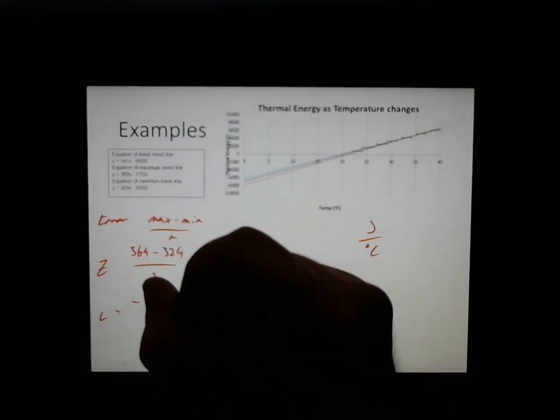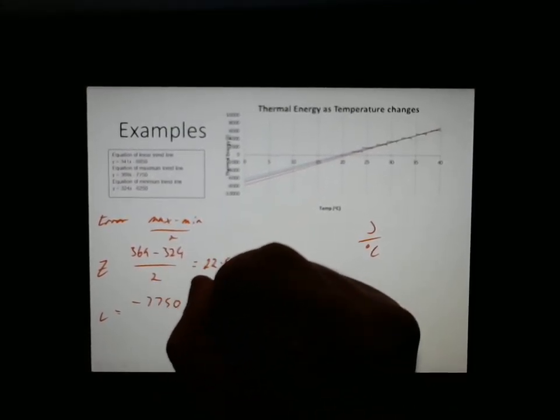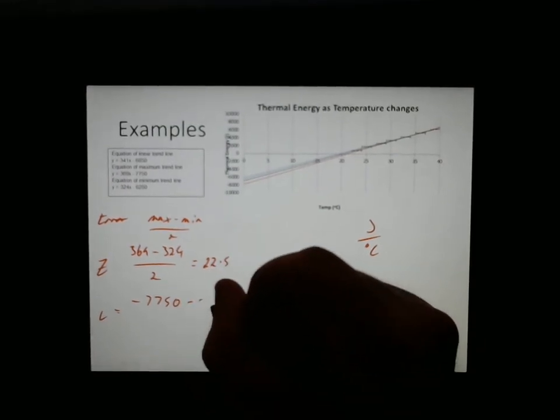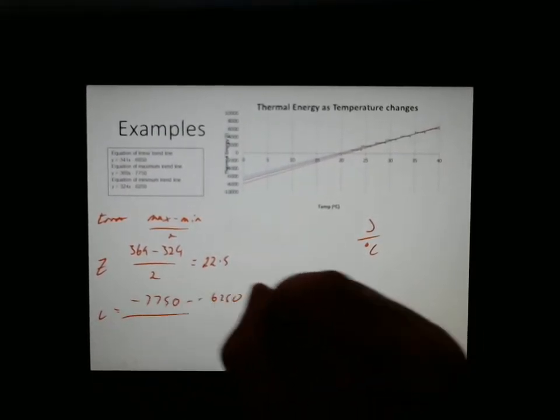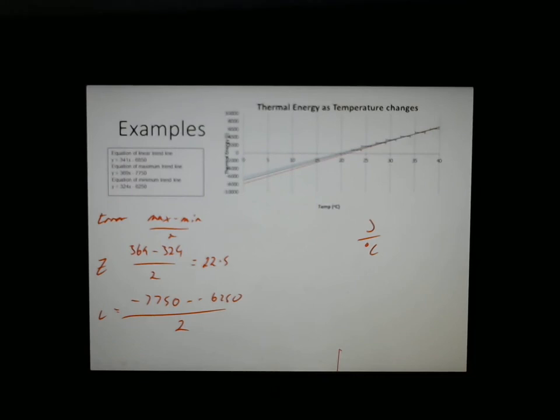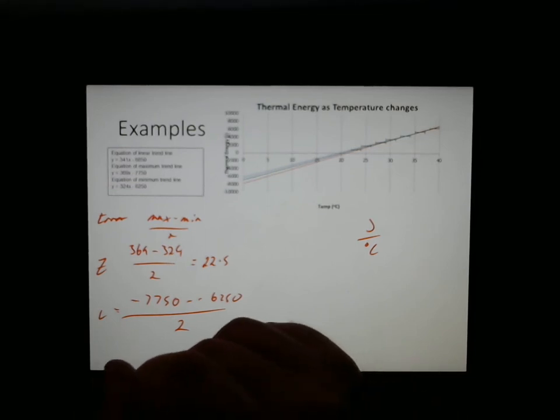So I always keep the negative there when I'm doing the working, that way I don't have to second guess anything. Take away negative 6250 over 2. So let's see, negative 750 plus 6250 divided by 2 is equal to 750.